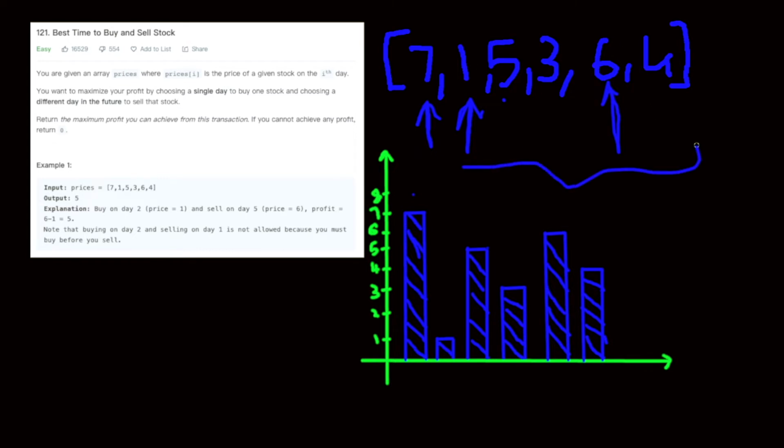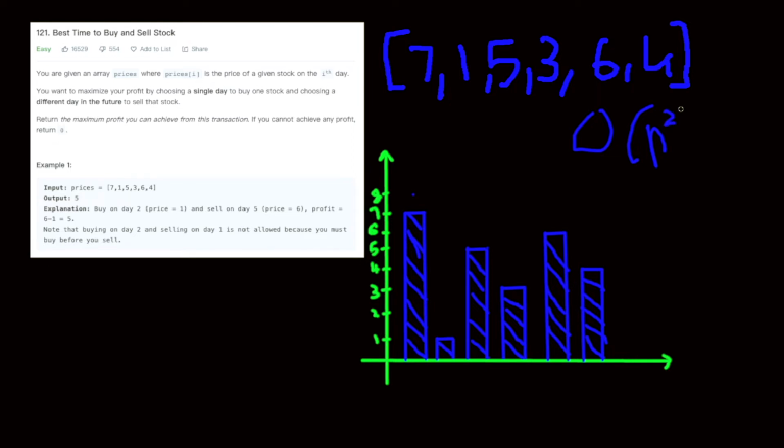Because you have to iterate through the rest of the array for every element, this is an O of n squared complexity, which is fine in this case, but we can do better.